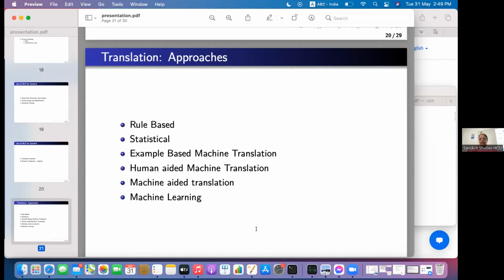Maybe that is one of the reasons why Sanskrit computational linguistics is somewhat different from the efforts going on in the computational linguistics world.